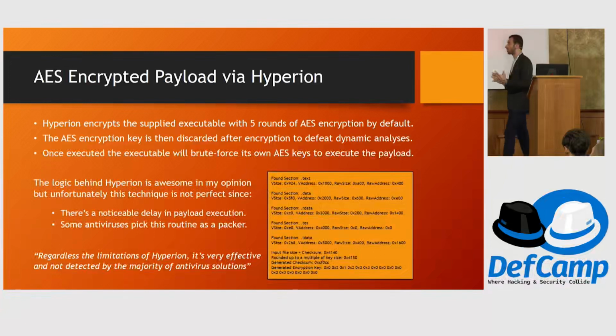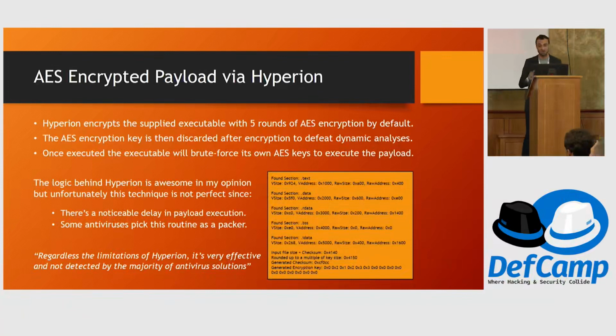Hyperion is really cool. I really love the idea of how it functions. It encrypts the payload with 5 rounds of AES encryption. It uses a very weak key, one that can be brute forced by our computer, but it leaves the hint inside itself. Then the AES encryption key is discarded. So I encrypt the payload with AES, 5 rounds, and I discard the key. After this, you are defeating dynamic analysis because you'll never be able to get the key, and the stub will not be executed.